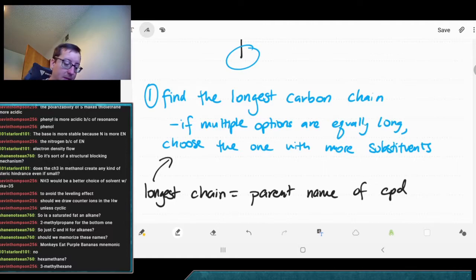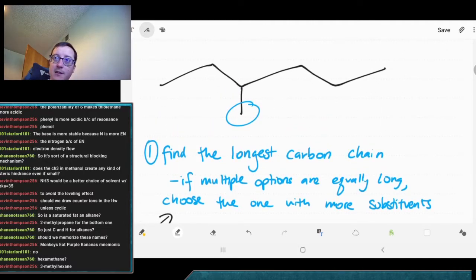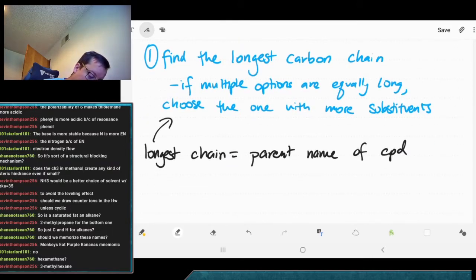So this thing that had 6 carbons as its longest chain will have the parent name hexane on it. So we will call this, in this case, something hexane, where something will represent all of the substituents on this hexane.